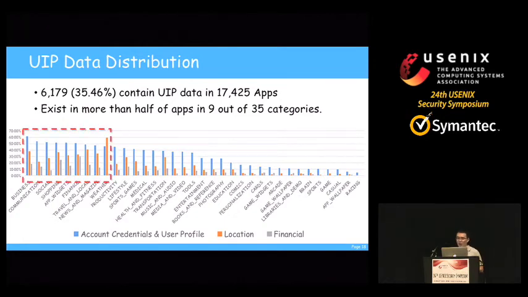For example, we observed that categories such as business, finance, shopping, communication, and social are more likely to request account credentials and user profile information, which shows that these apps are closely related to users' personal activities. The shopping category contains many location-related elements because the delivery addresses are always generated from user inputs. It is also reasonable that both finance and shopping apps require many financial-related sensitive inputs.